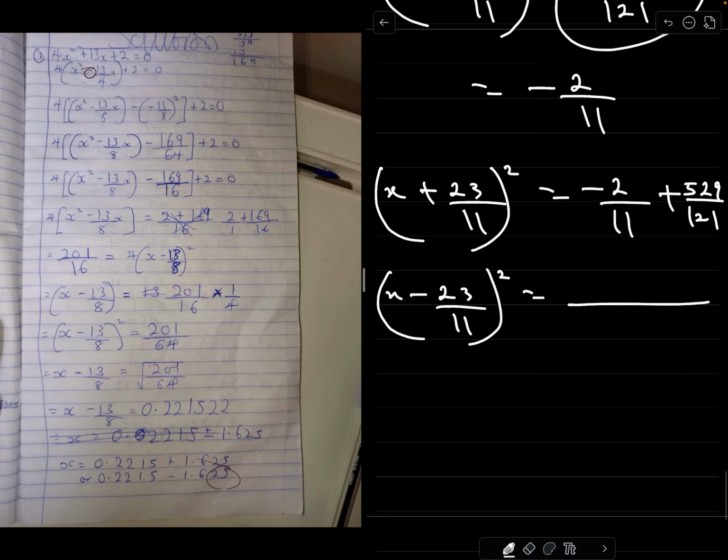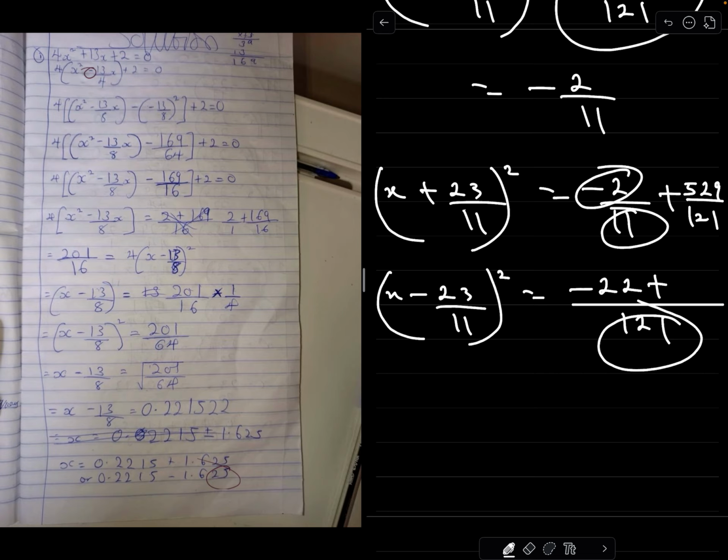11 and 121? That's 121. And that means 121 divided by 11 is 11, times minus 2, that's minus 22, plus 121 divided by 121 is 1, 1 times 529, that's 529.